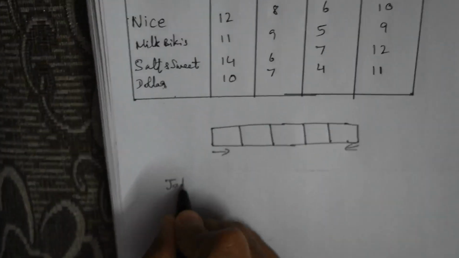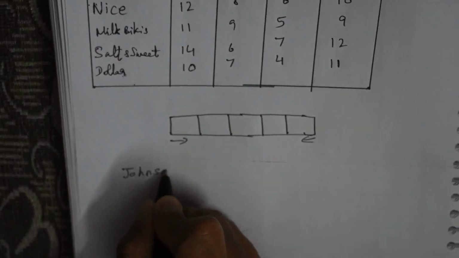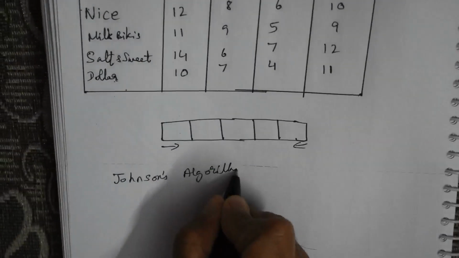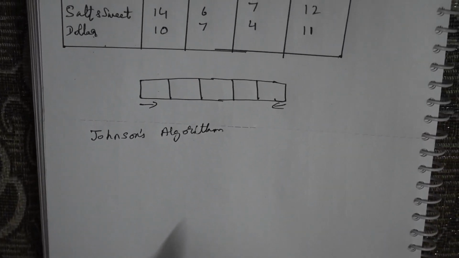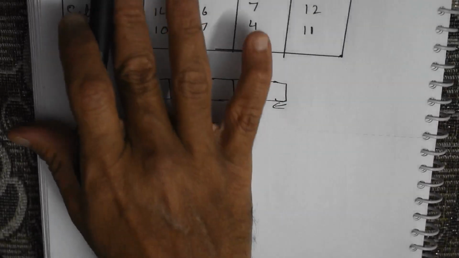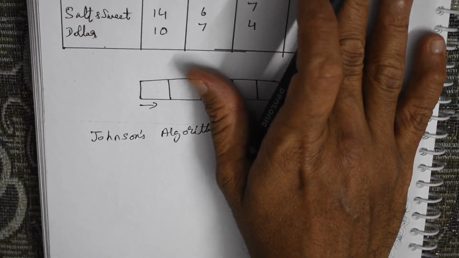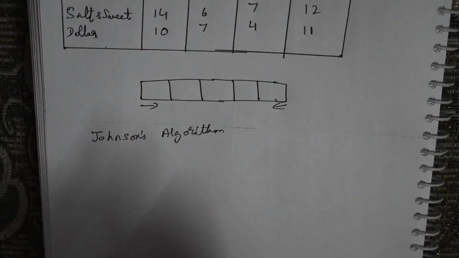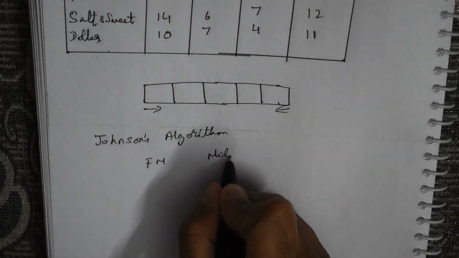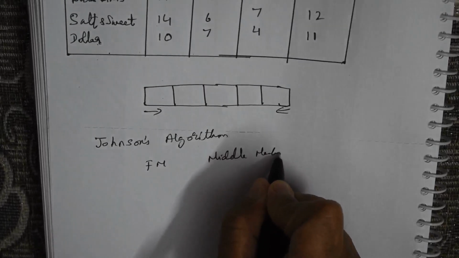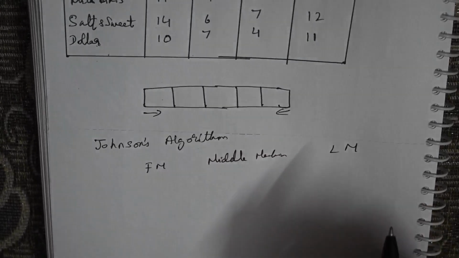There is a rule or algorithm which is called Johnson's algorithm or Johnson's rule. What Johnson said was, identify the problem with the number of machines, divide the machines into 3: first machine, middle machines and last machine.